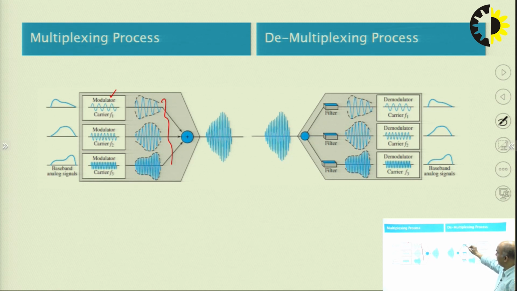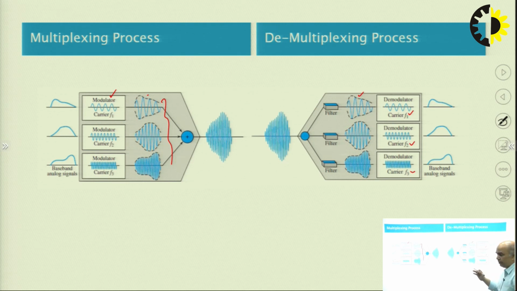These filters separate out the same signals that were generated using the modulator and the carrier frequency. Now these signals are sent to the demodulator, which separates out the carrier frequencies. Once the carrier frequencies are separated out, it sends the data to the output lines, or you can say to the users.